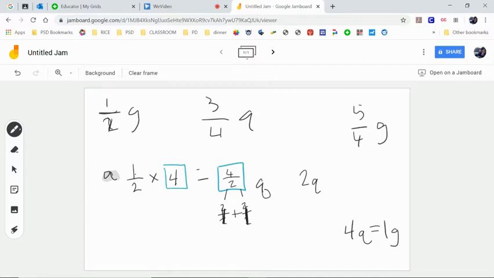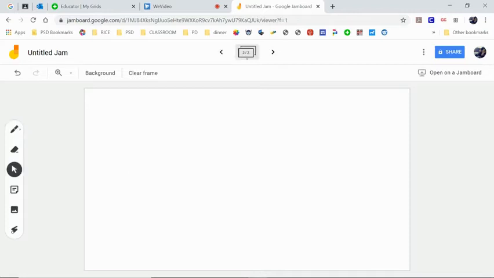Now I know that I'm going to clear out of frame, and I'm trying to figure out how many quarts are in 5/4 of a gallon. So the first thing I need to do is decompose this fraction.